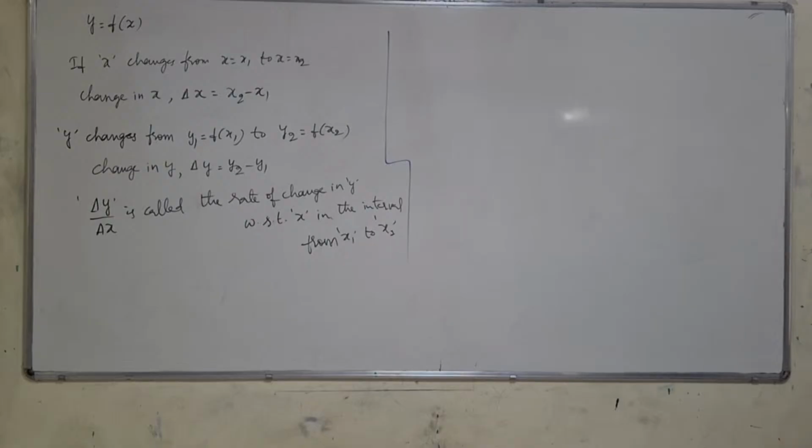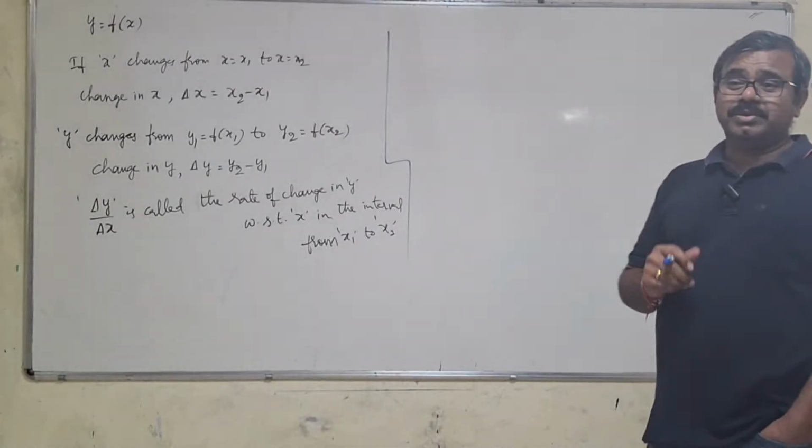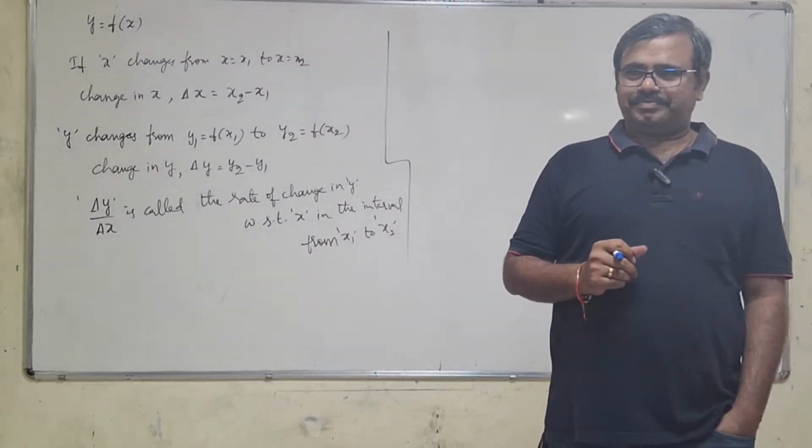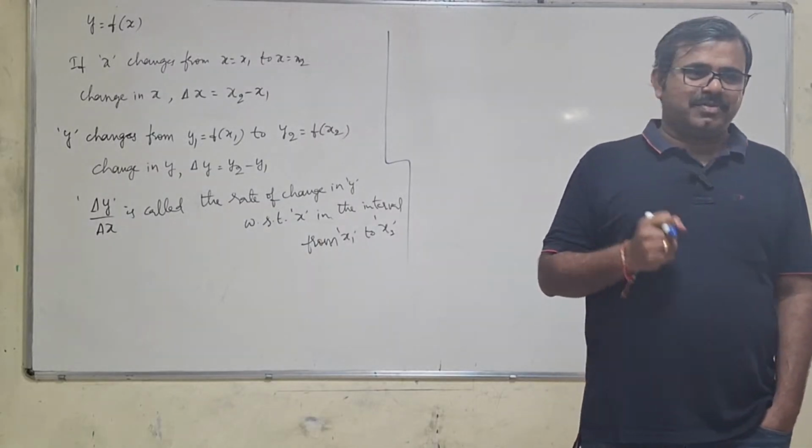How is electric current defined? You recently completed 10th class, you know it. How is electric current defined? The rate of flow of charge. What does that mean? Charge flown through a given cross section in how much time? Unit time. How is velocity defined?